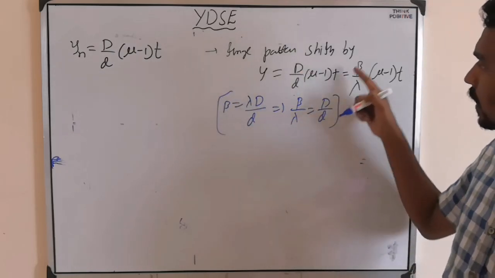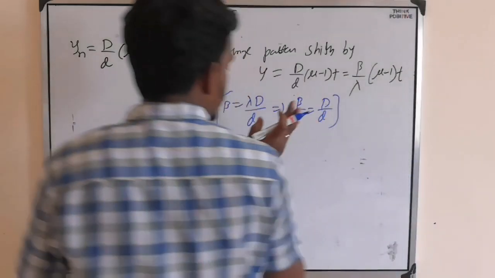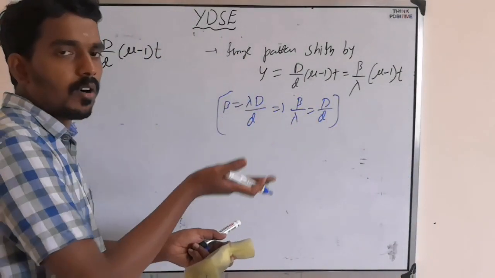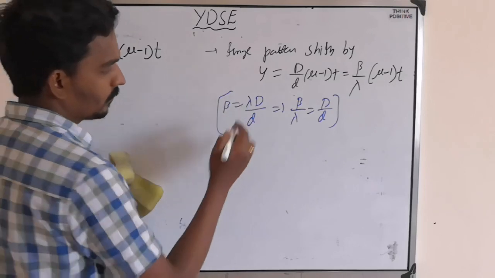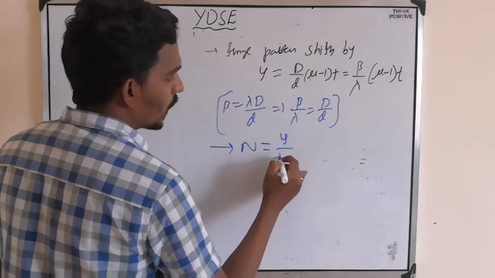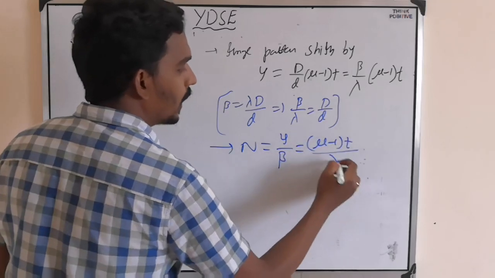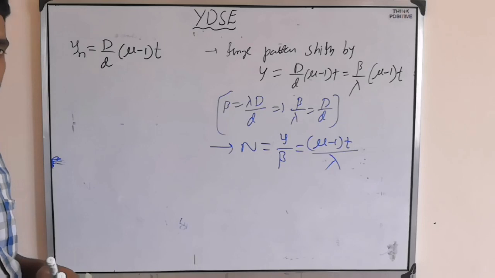So D by d you can write as beta by lambda. So this is the distance through which fringes got shifted. Now, the number of fringes shifted equals y by beta, that is (mu minus 1) into t by lambda.